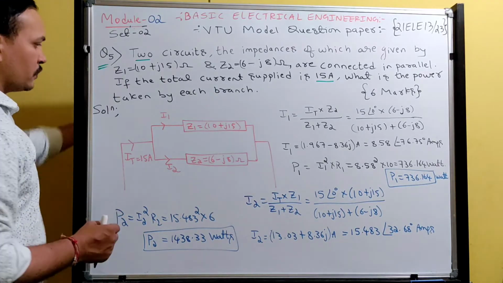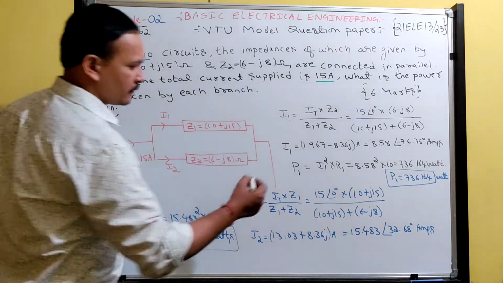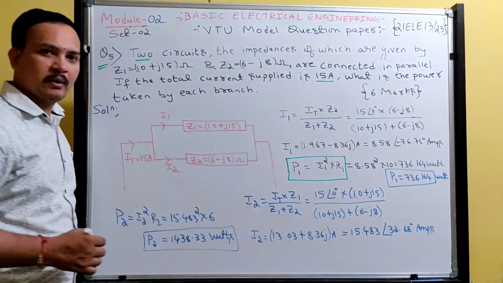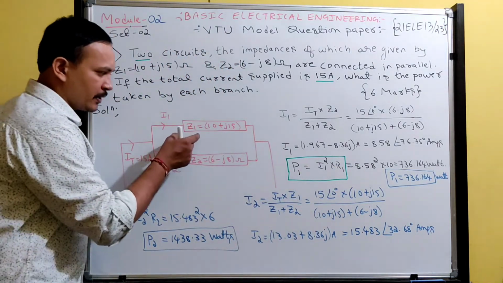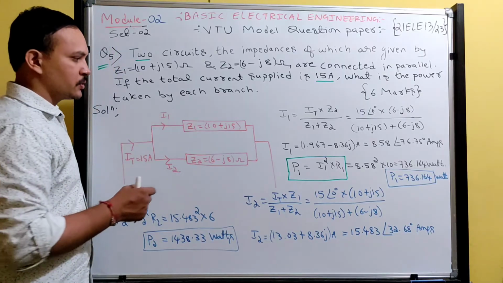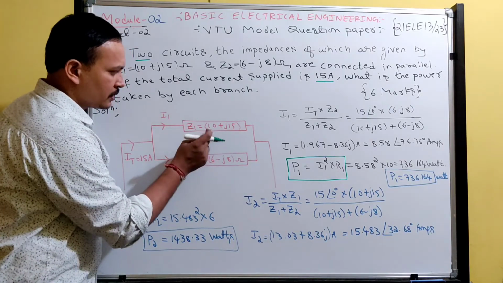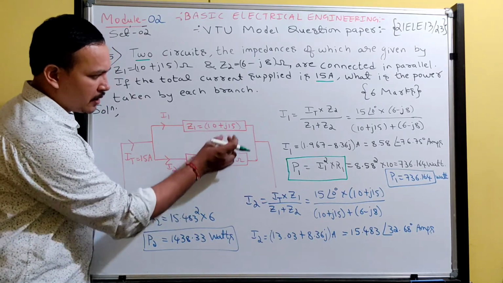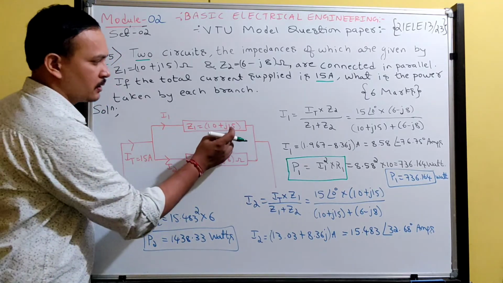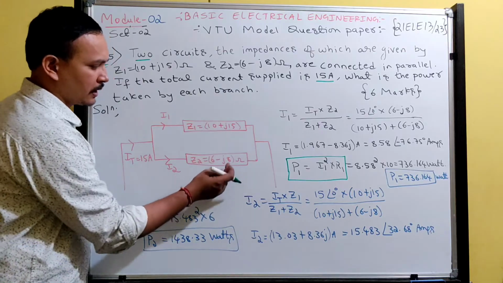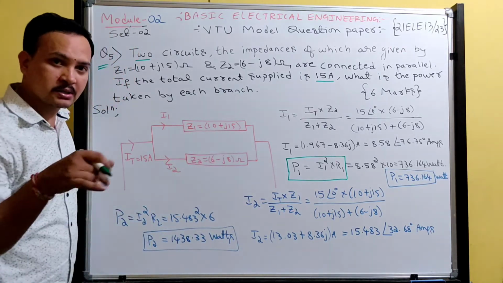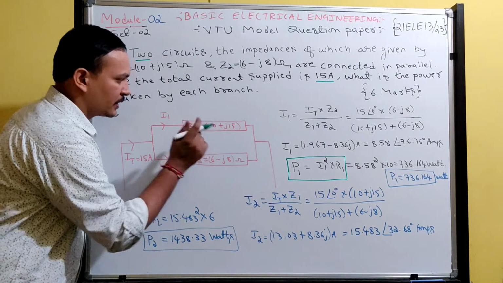To calculate power, we have to use this formula. What is the power formula? I square R. I want to find power in the first impedance. This has resistance and inductance. Inductance, the imaginary component, will not consume power. An inductor never consumes power, a capacitor never consumes power. So in this impedance, power is consumed due to resistance only.